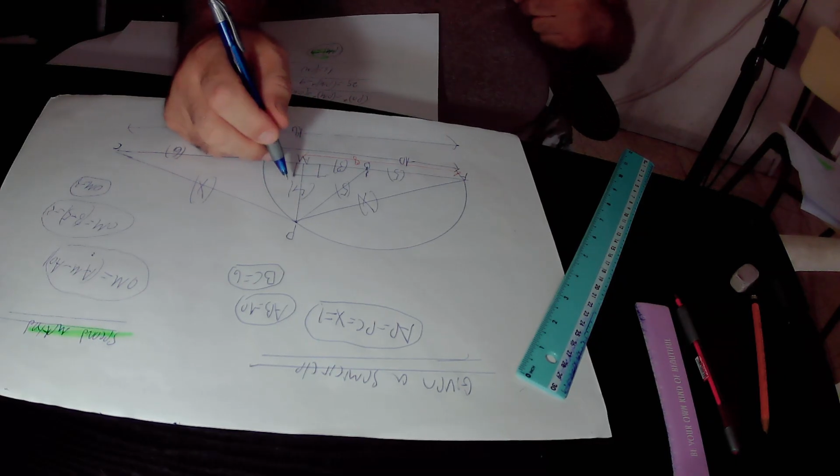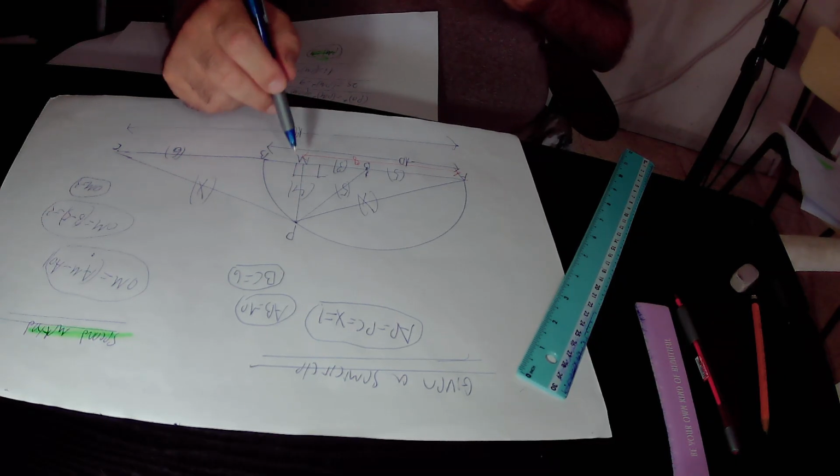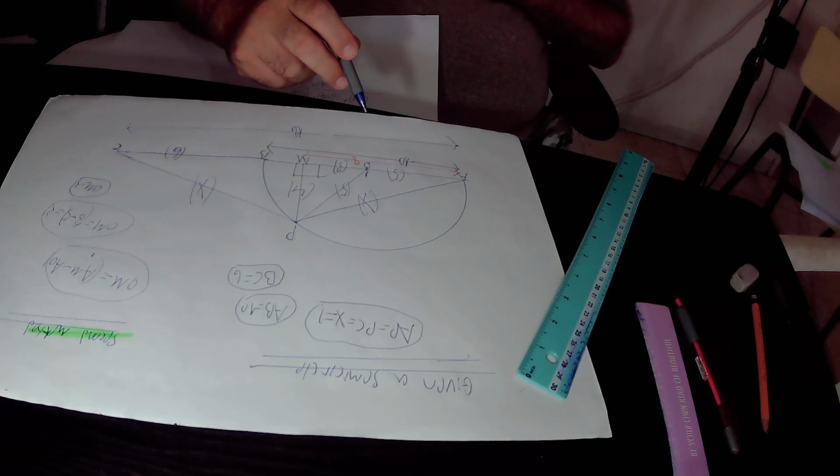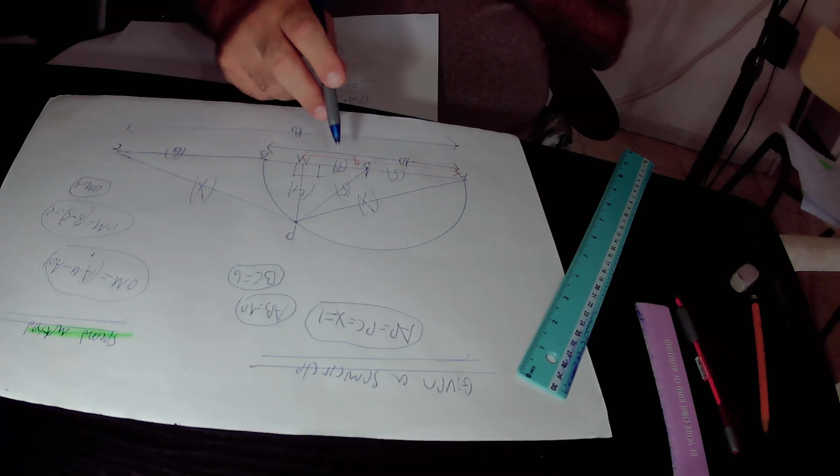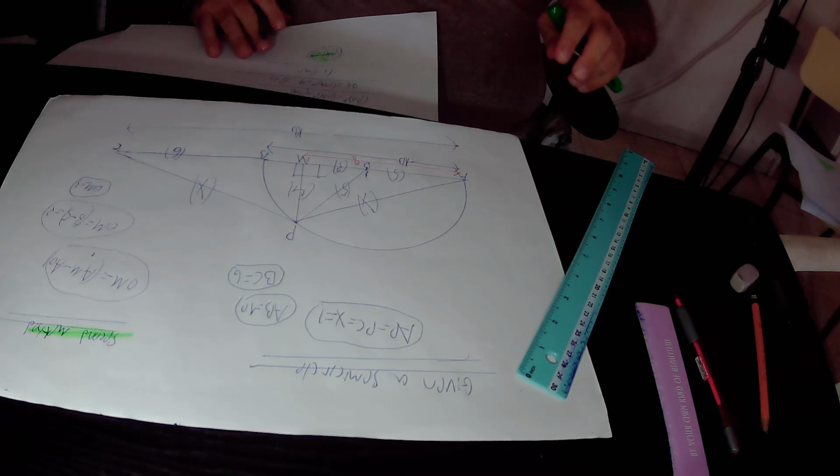So in the next step I'll copy the right big triangle PMA in a new page and we'll implement the Pythagoras theorem on this right big triangle PMA.